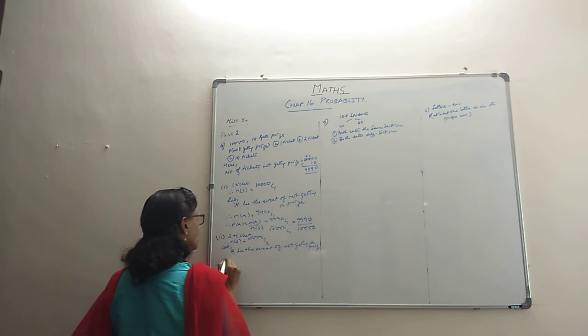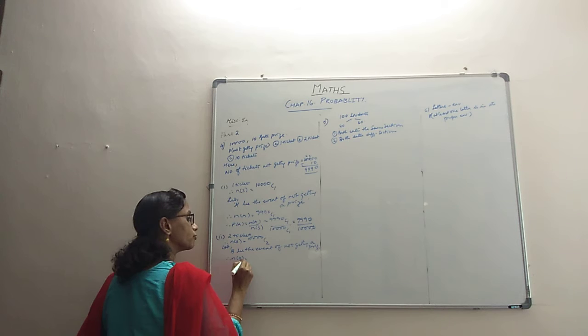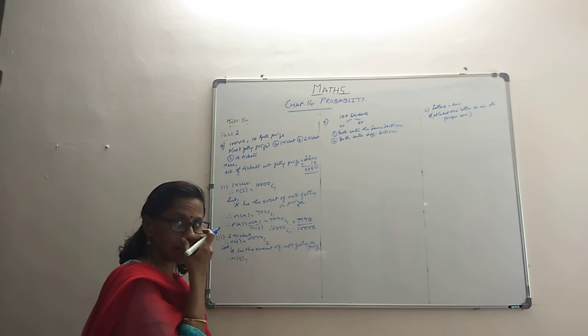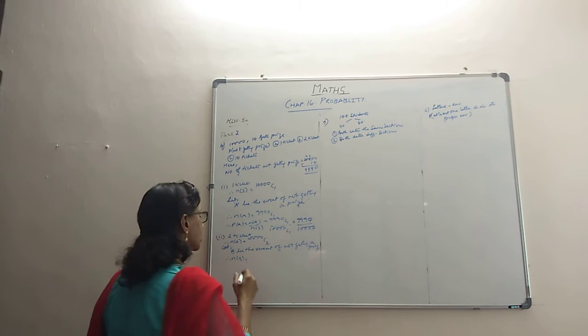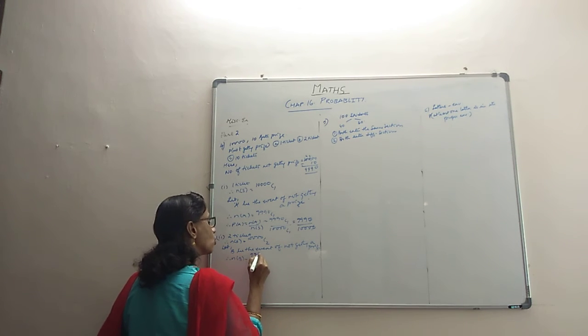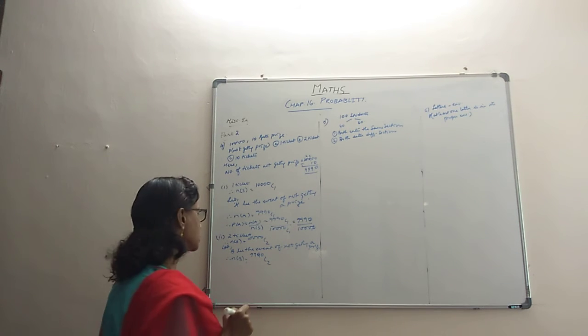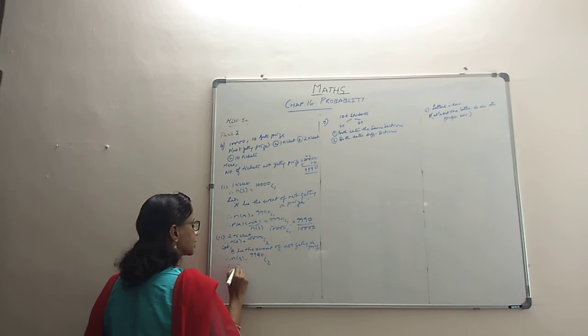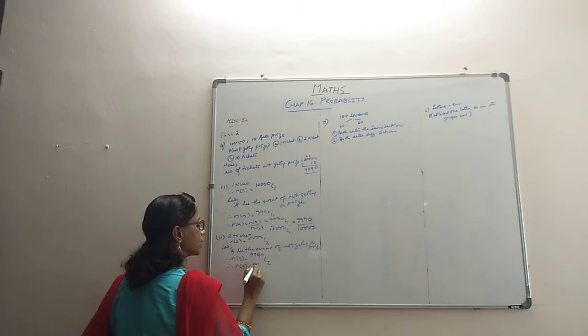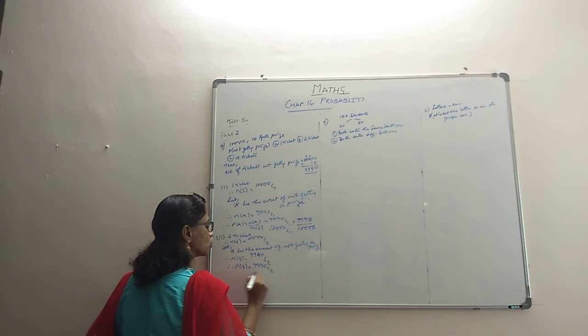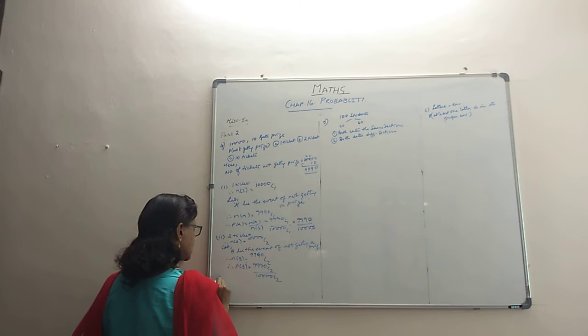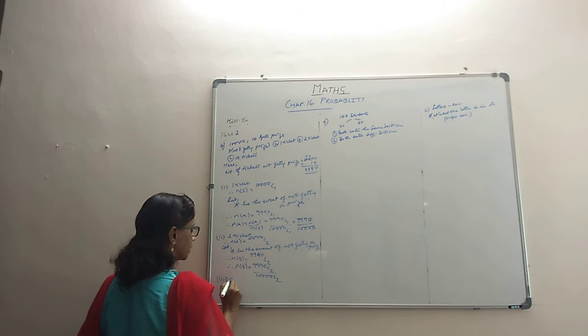If you have to not get a prize, obviously you have to pick from the 9990, because it is categorized for not getting ones, and amongst those 2 tickets are going to satisfy your requirement. So the probability of B is going to be 9990C2 by 10,000C2.